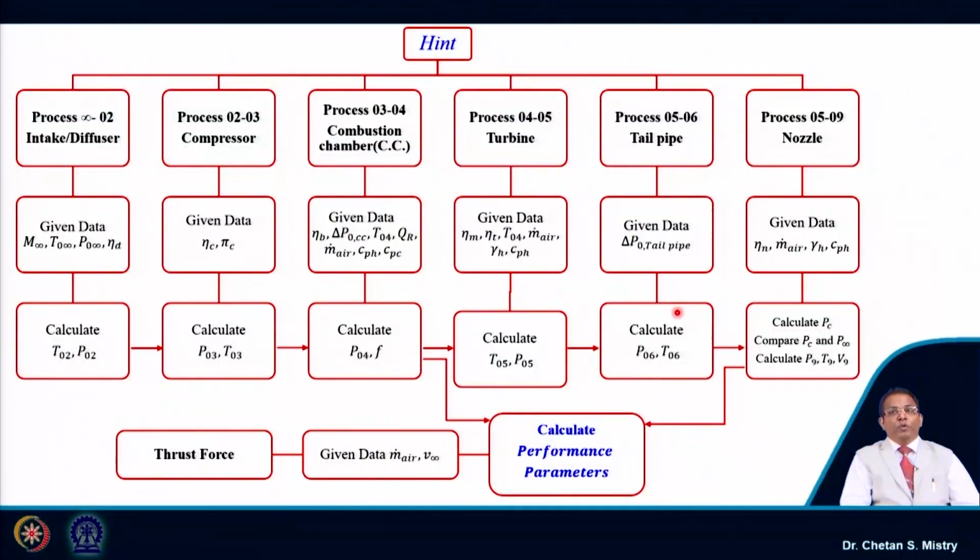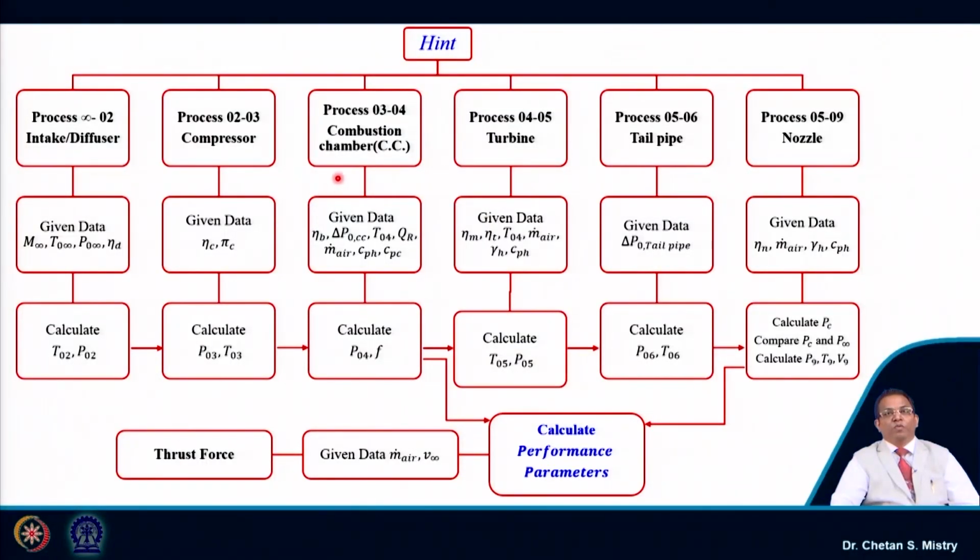We will divide the whole gas turbine cycle analysis component wise. We will first do the calculation for the intake, from where we will calculate our pressure and temperature. The next component is my compressor; the output from my intake, that is pressure and temperature, will be the entry condition for my compressor, for which the efficiency and the pressure ratio are given.